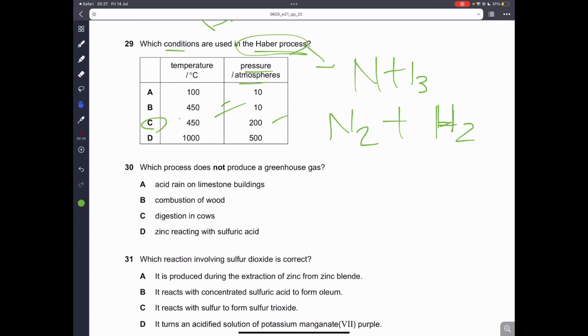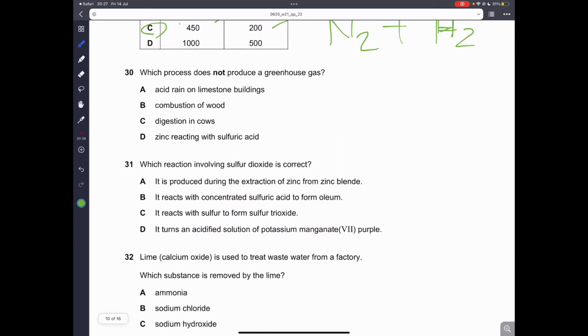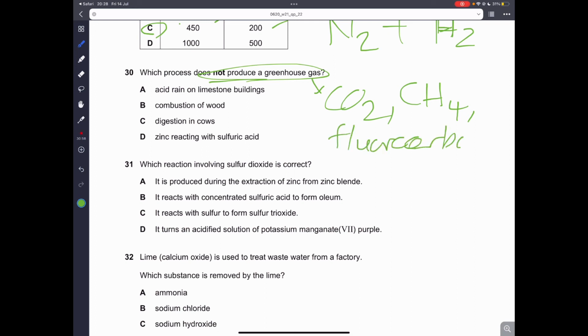30. Which process does not produce a greenhouse gas? Greenhouse gas examples are carbon dioxide, methane, and then fluorocarbons. So, digestion in cows produces methane.